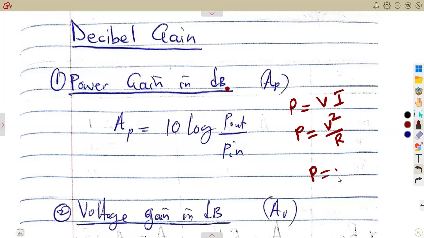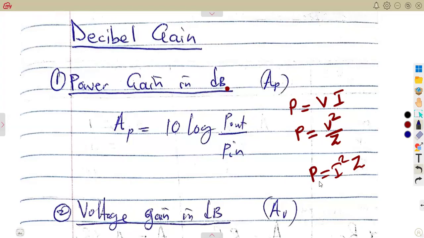Power can be calculated from I squared times the resistance. This resistance is going to be considered as the impedance, so in place of this you are going to be given Z. So this is going to be considered as Z, or as the resistance, which is the impedance. So these formulas can be used to calculate power.